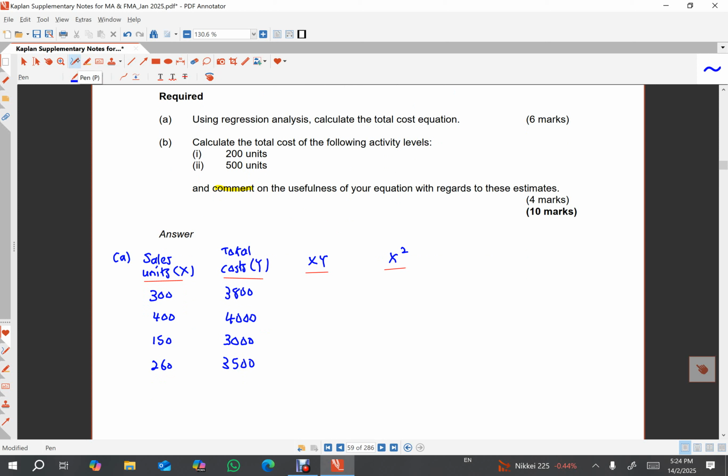XY is X multiplied by Y. So 300 times 3,800. 400 times 4,000 is 1.6 million. 150 times 3,000 is 450,000. 260 times 3,005 is about 910,000.